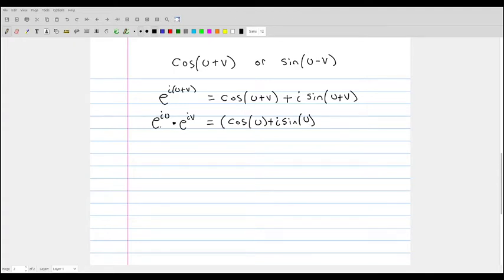So that's this term right here. And then we have to multiply this by e to the iv, which is cosine of v plus i times sine of v.